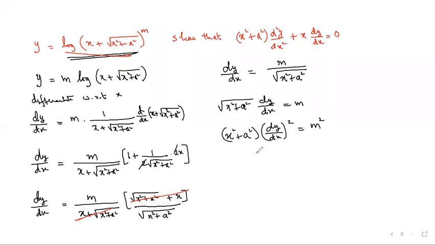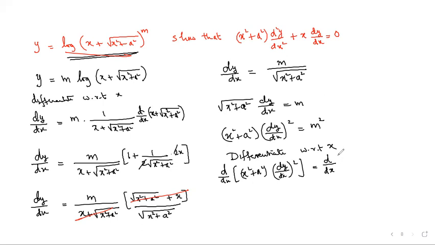Now differentiate again. Now apply product rule. x square plus a square into derivative of dy by dx whole square, so 2 dy by dx into derivative of dy by dx, plus dy by dx the whole square into d by dx of x square plus a square.